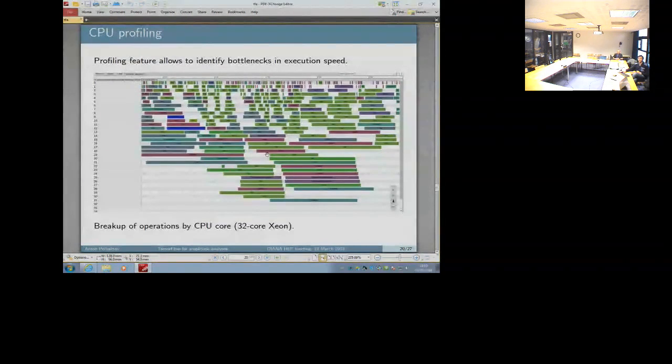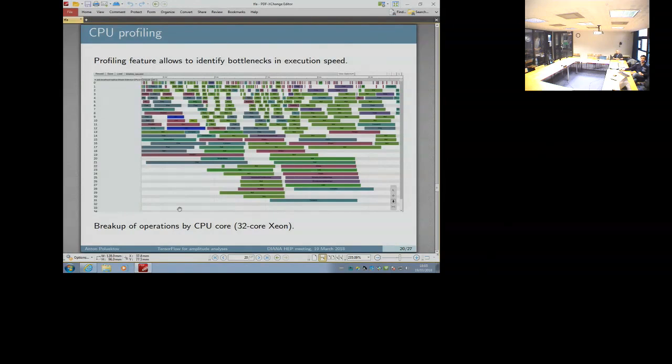What I find quite useful is that TensorFlow has an internal profiling possibility that you can quite easily turn on, which will produce a JSON file, which after you load it into your browser will produce pictures like this.